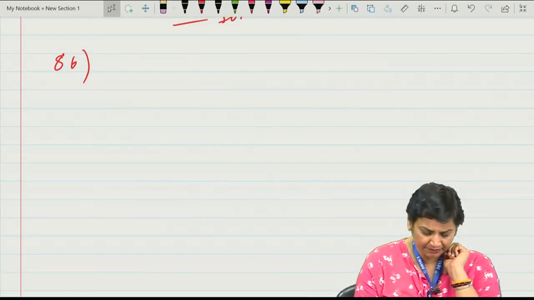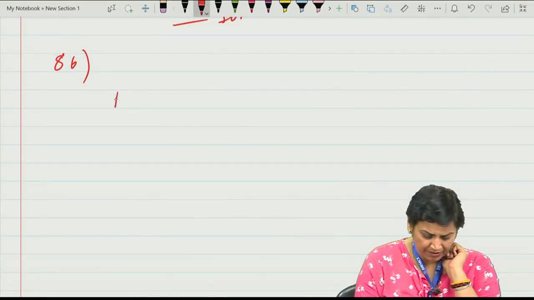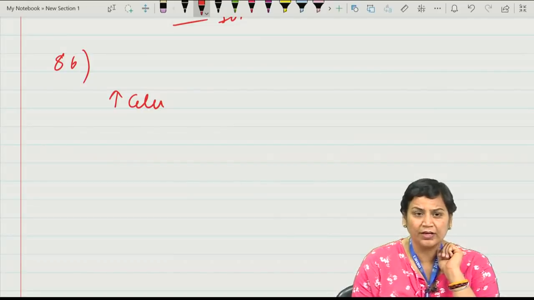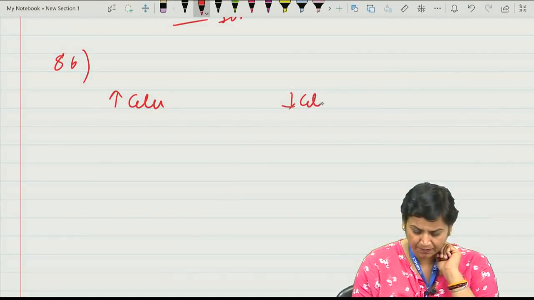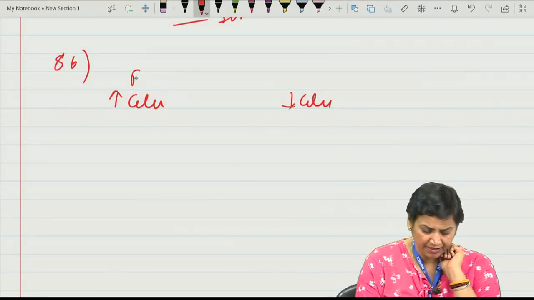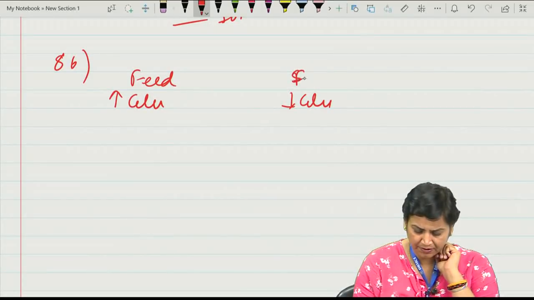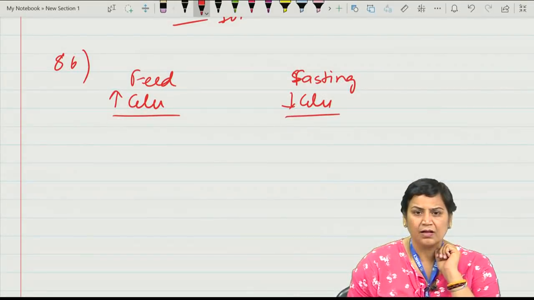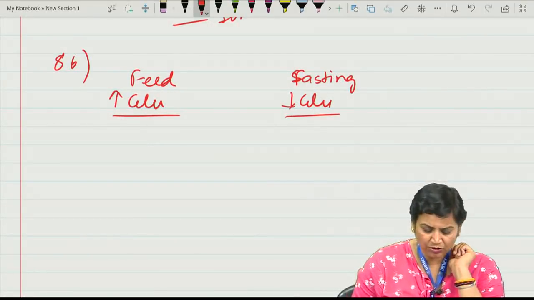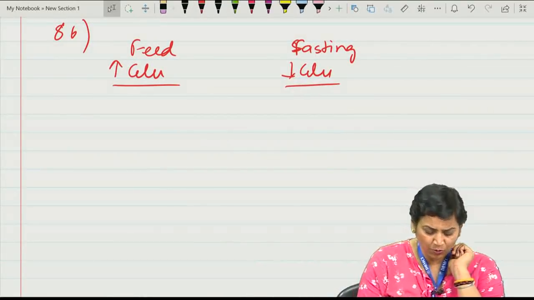See, what happens is, there are two conditions. This is the feed cycle, this is fasting. In the feed cycle, when the concentration of glucose is more, what will the liver do?